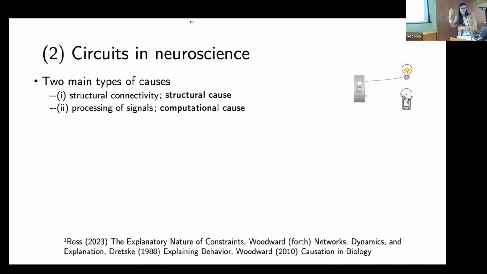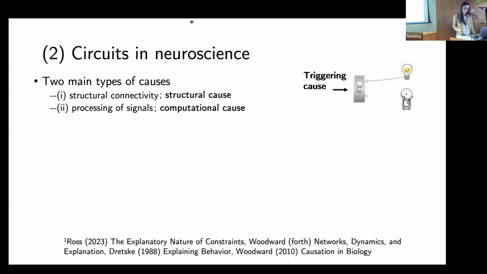D.Sc gives us an example where we have a switch. It doesn't need to be a light switch. We have two downstream systems from this switch. We have a light that can be on or off, and we have a bell that can ring or be silent. There is a wire that is connecting up our switch to one of these systems versus the other.